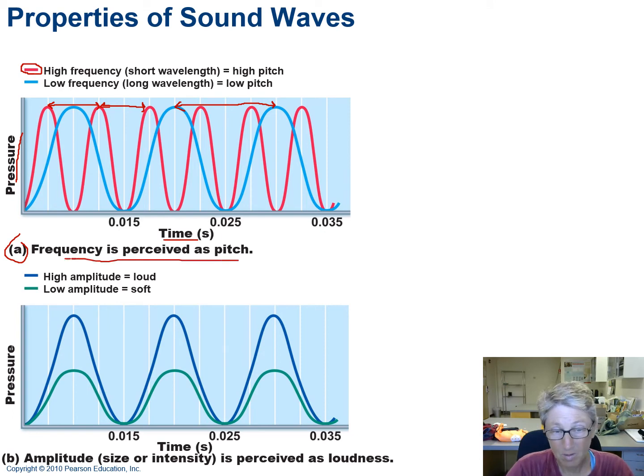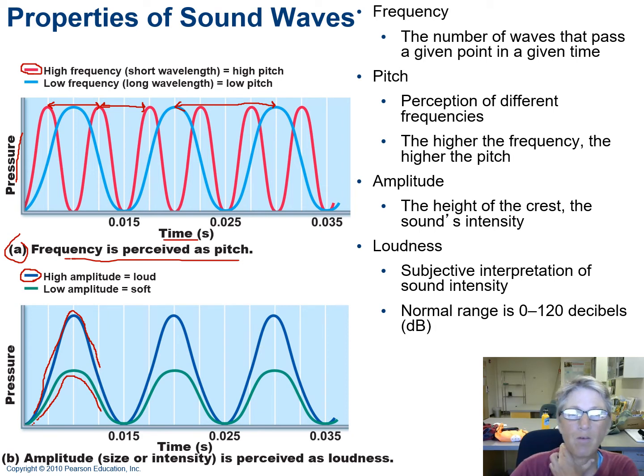Frequency is perceived in our brains as pitch. Amplitude is perceived as loudness. So if you make a high amplitude wave, like this blue one, the amplitude will translate into a loud sound. If you have a low amplitude wave, that will translate into a very soft sound.